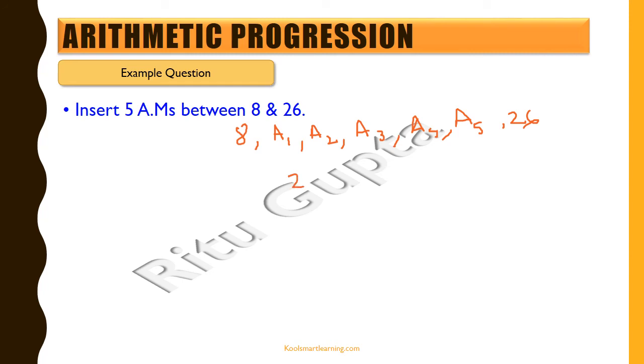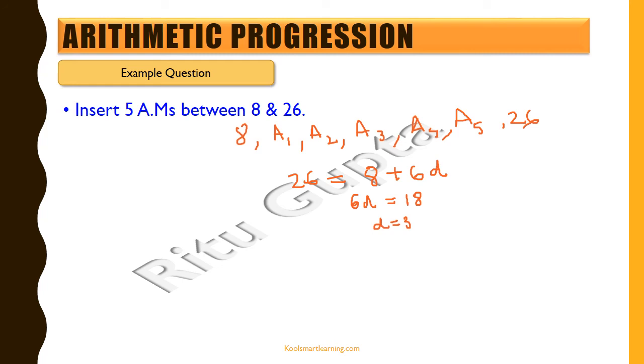So now we know that 26 is the 7th term. So it becomes 26 is equal to 8 plus n minus 1, which is 6, into D. So we can say 6D is equal to 18 and we get D is equal to 3.